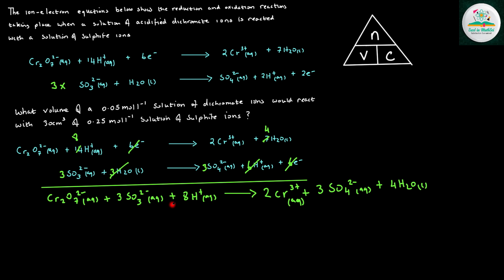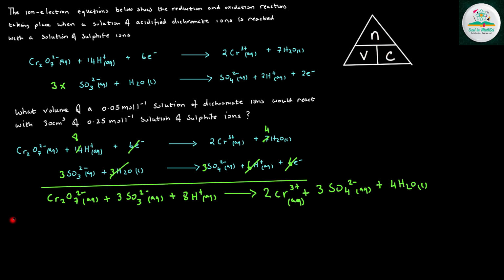Okay, now that I've got my final equation, the next step would be to work out the number of moles of sulphite ions. For the number of moles of sulphite I will refer to this triangle, where number of moles is volume times concentration.